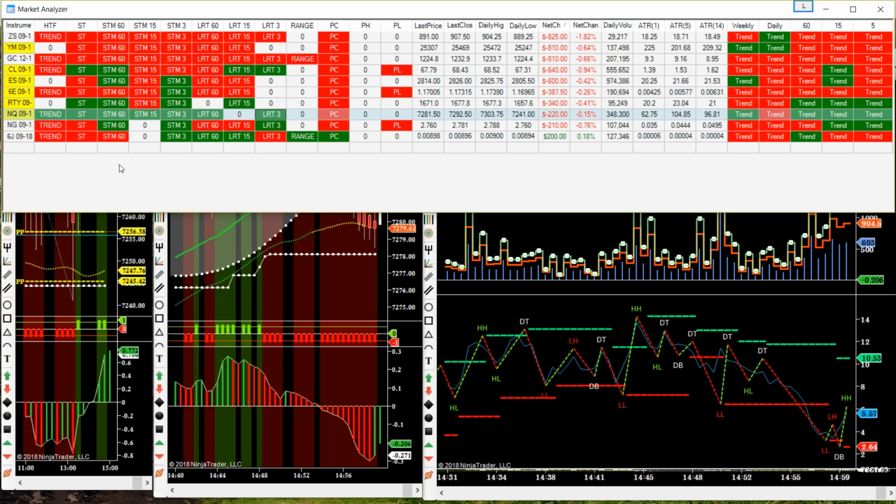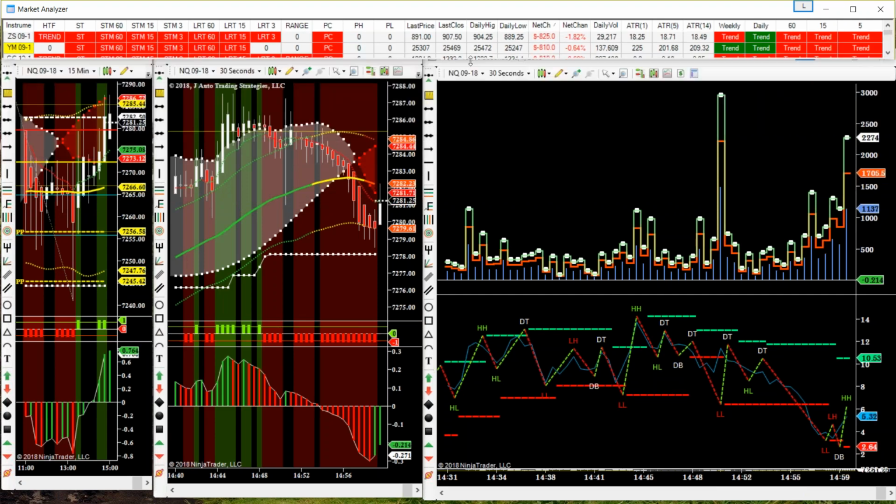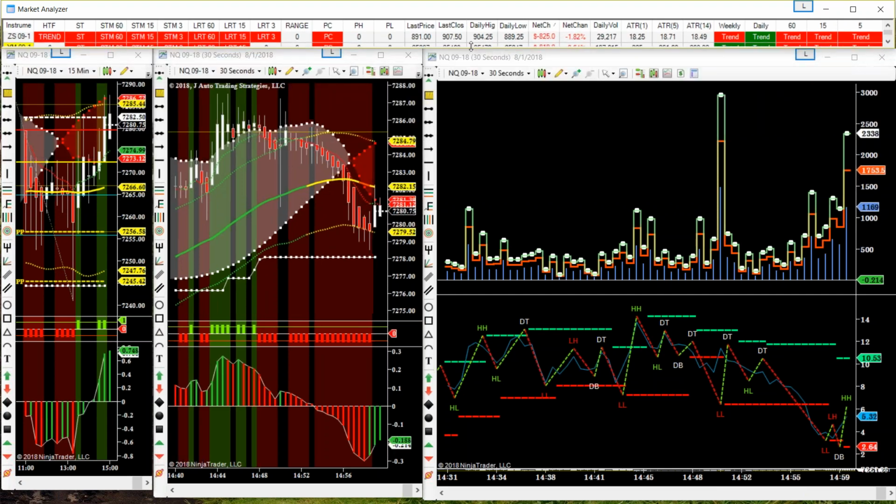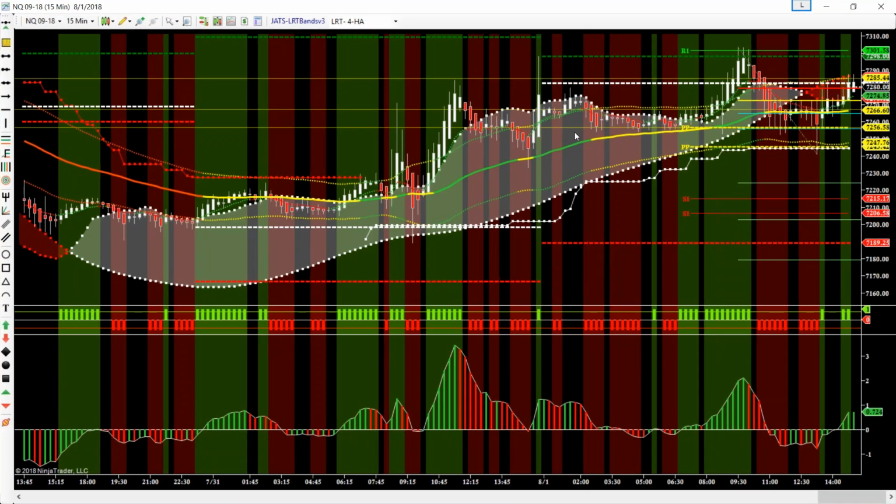And then there were some markets that got a little bit more juice out of that down move than the other markets. The equity indexes pulled back after the economic reports, pretty much.